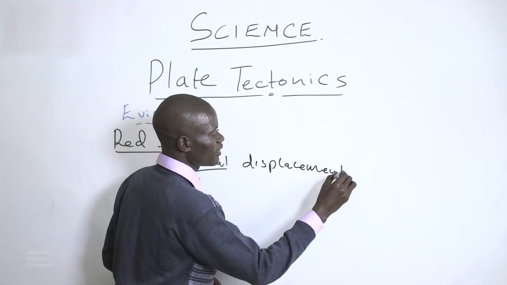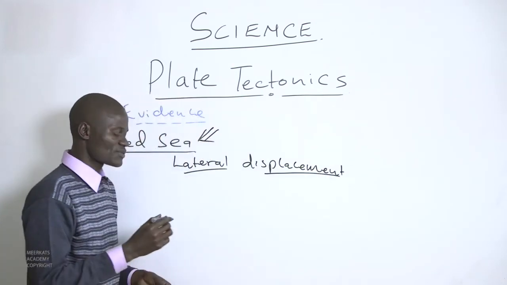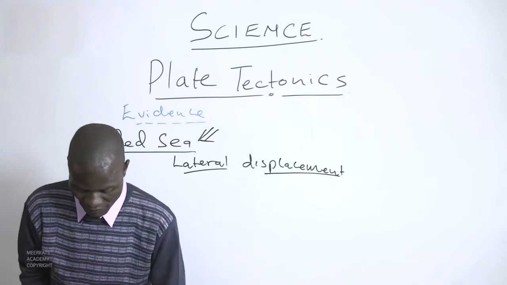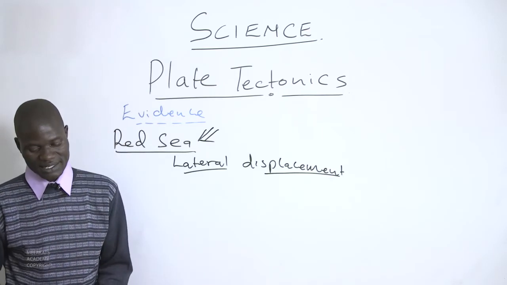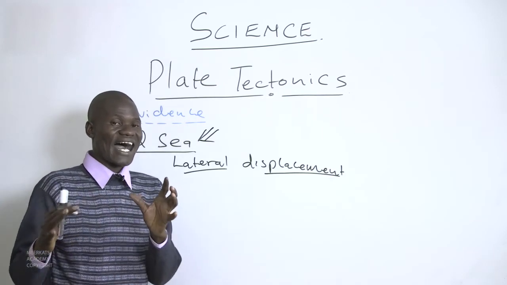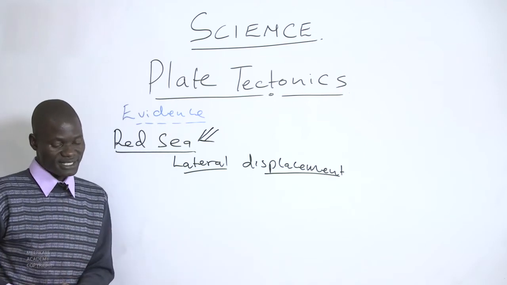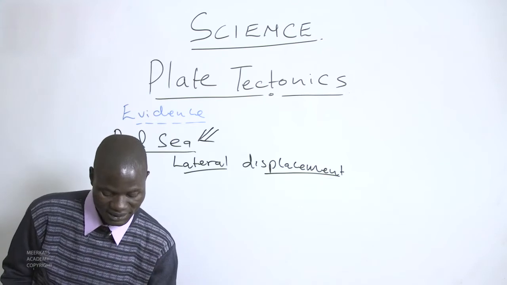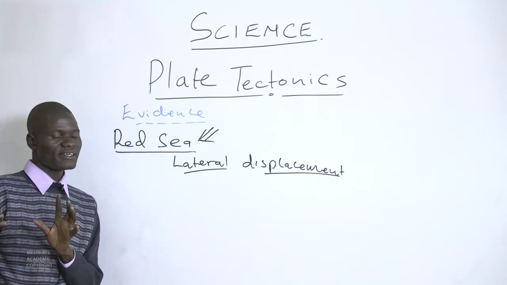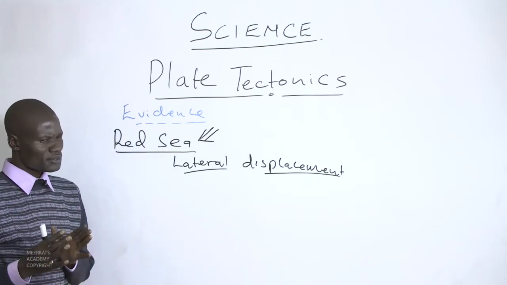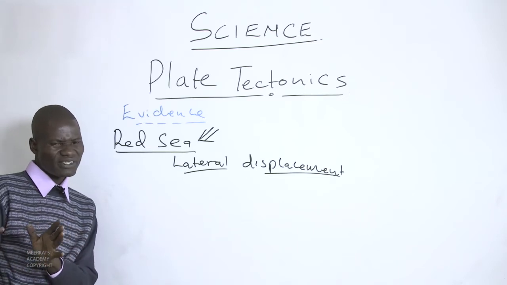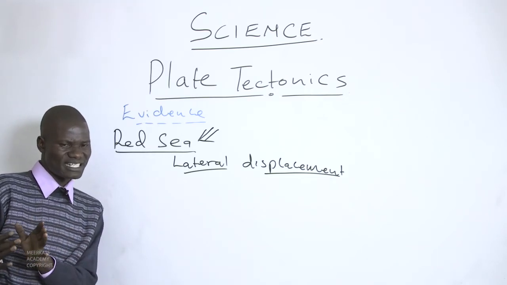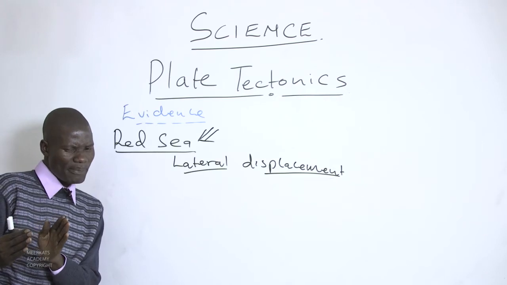The underground lateral displacement in the flow of the Red Sea has had similar characteristics to that of the formation of coal. This might give us proof that the African plate and the Saudi Arabian plate are slightly moving apart.